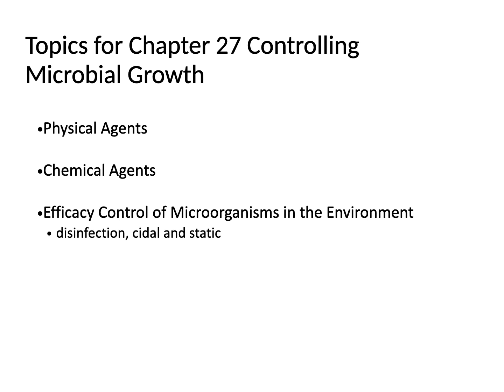Within that, the agent is either working cidal, in a killing manner, or static, where it doesn't allow the colony to grow or increase in number. With static, it's like you're stuck in the lag phase. A lot of that will make more sense in a couple of slides, but this just lays out the topics we'll be talking about.